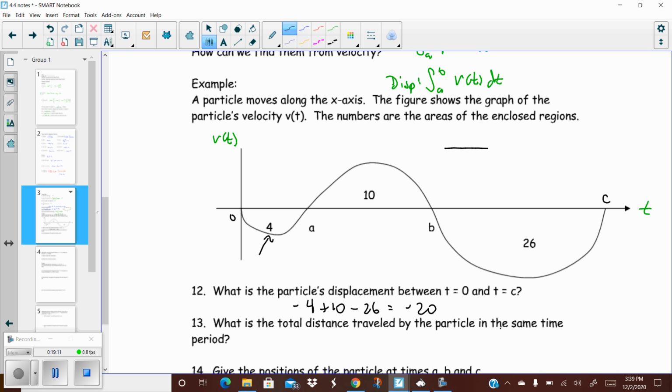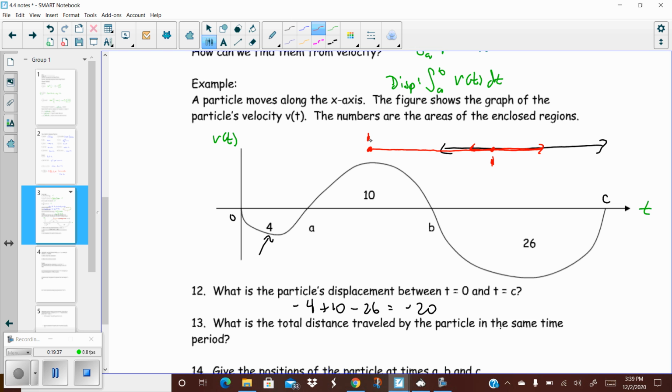If you think about this as being actually on an x-axis, your particle, wherever it started, went backwards 4 units, then it went forwards 10 units, and this is horrible because I'm going to run way off my graph. Then it went backwards 26 units and stopped someplace way over there. So from wherever it started right here, this is where it finished.